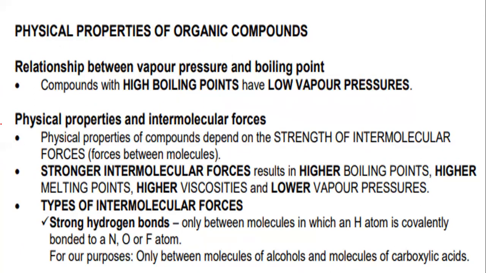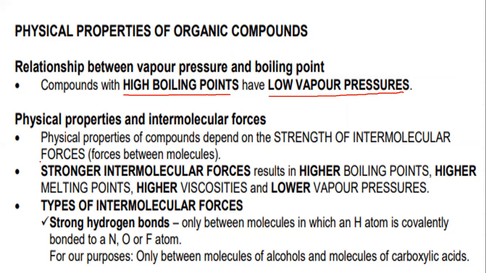So let us first talk about the relationship between vapor pressure and boiling point. And I have told you that compounds with high boiling points, they are going to have a low vapor pressure. And that's where we said the higher the boiling point, the lower the vapor pressure, and the opposite is true. The lower the boiling point, the higher the vapor pressure.